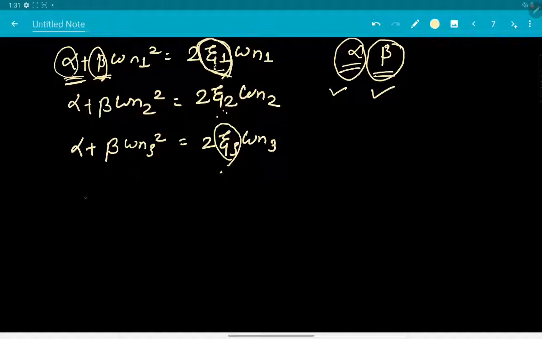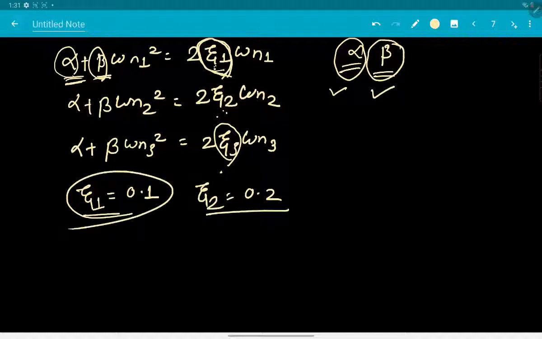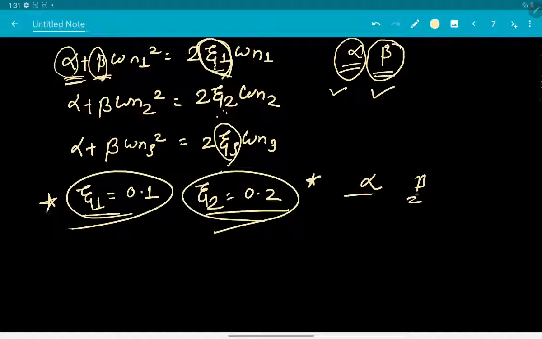So let's say you pick how much xi1 you want. Let's say I want xi1 to be equal to 0.1 and xi2 to be equal to 0.2. Then how much alpha and beta should I use? I'll obtain that, and once I obtain that, I'll find out how much xi3 I am getting.